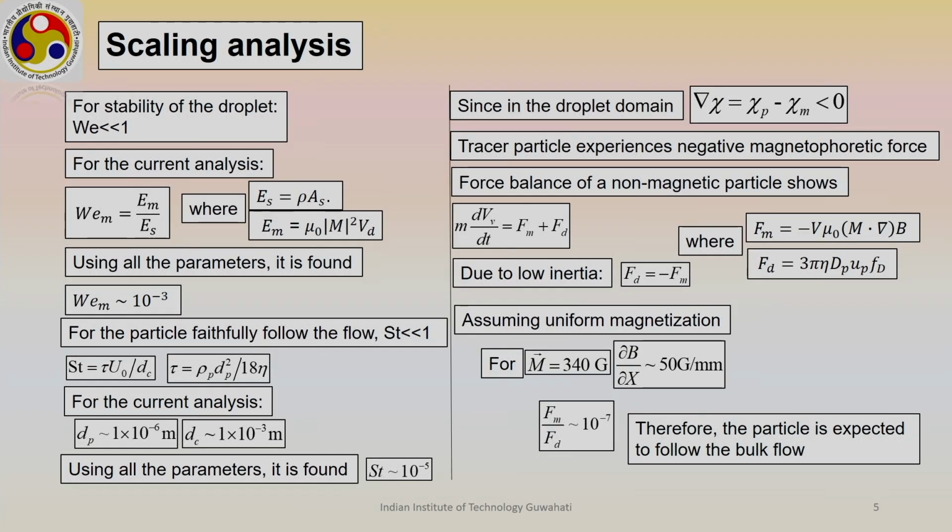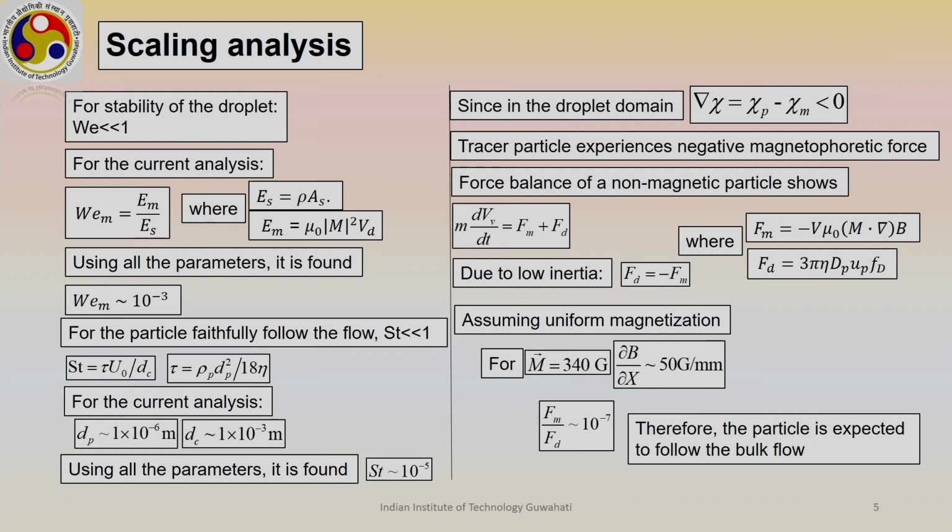We need to ensure that, and that is done using mathematical scaling analysis, where the Weber number is much less than 1. The Weber number is the inertia force divided by the surface tension force, and we can see that the inertia force is predominantly less. So there is no movement of the droplet volume; it will remain there, so that our analysis is not affected by droplet movement.